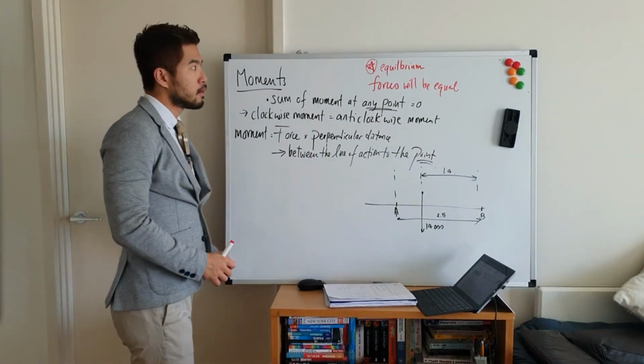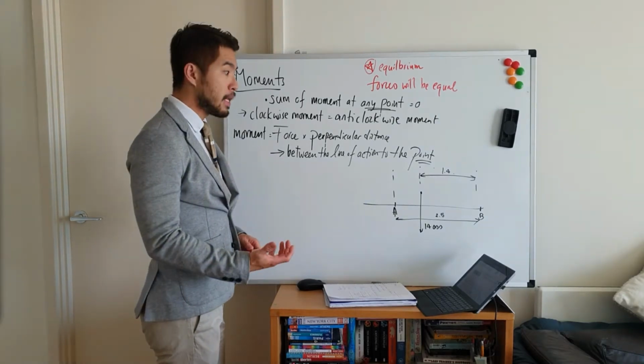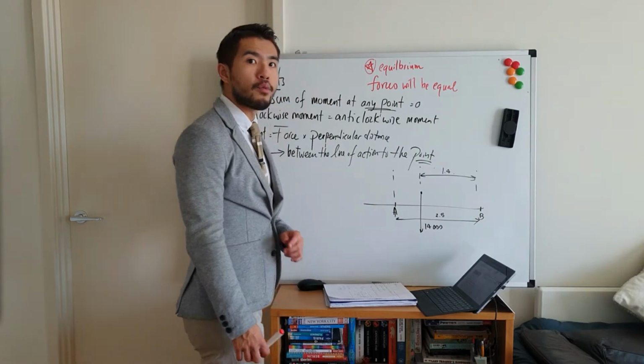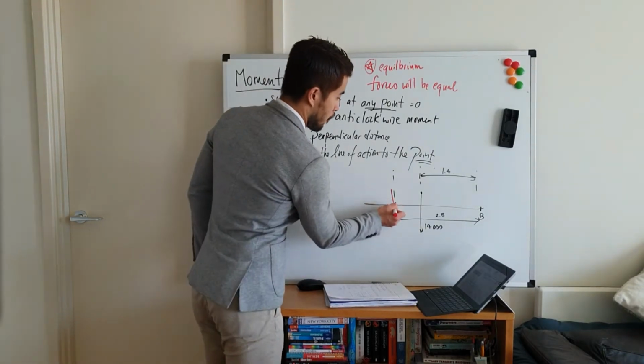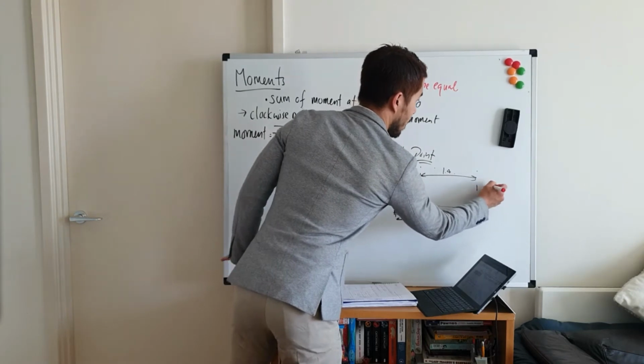Before we go on any further, let's actually complete the force diagram. We have got a force down here. We've got two more forces. One more force will be up here, Fa, and one force will be up here, Fb.